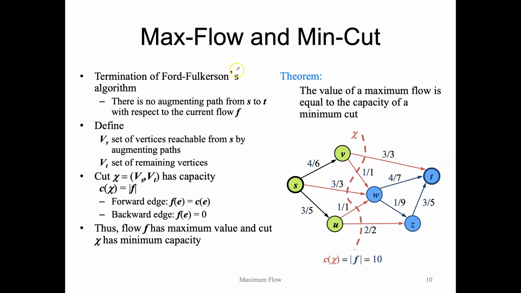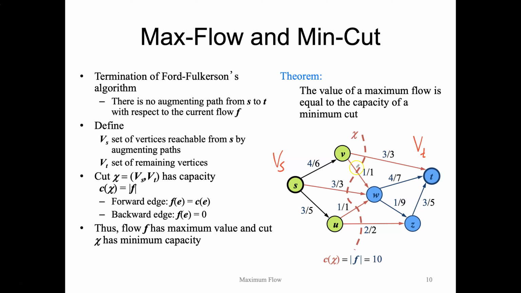So we can define a partition of vertices as all of those vertices which we could reach along an augmenting path from the source. And we know that this doesn't include the sink, because otherwise Ford-Fulkerson's would have continued. So we'll define the remaining vertices as just everything else which we couldn't reach via an augmenting path. We know it includes the sink.